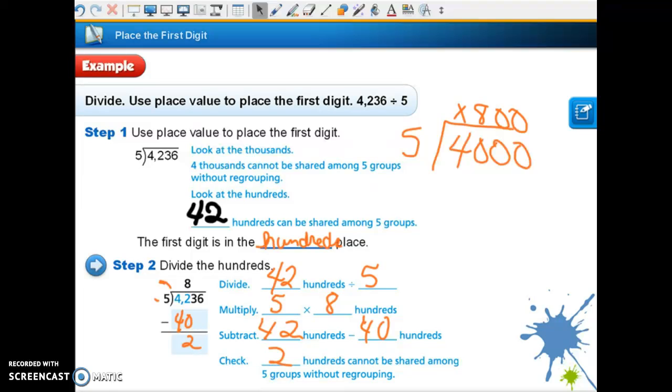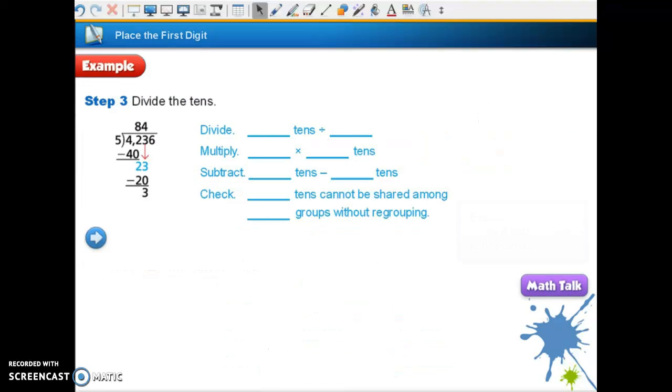Okay, so we're going to go on to step 3. Divide the tens. So we have 23 tens divided by what? What are we dividing by? 5. So I'm going to multiply. How many 5s in 23? 4, which is what?